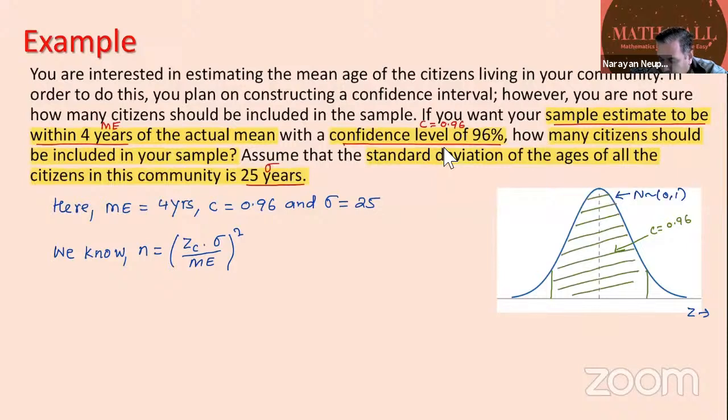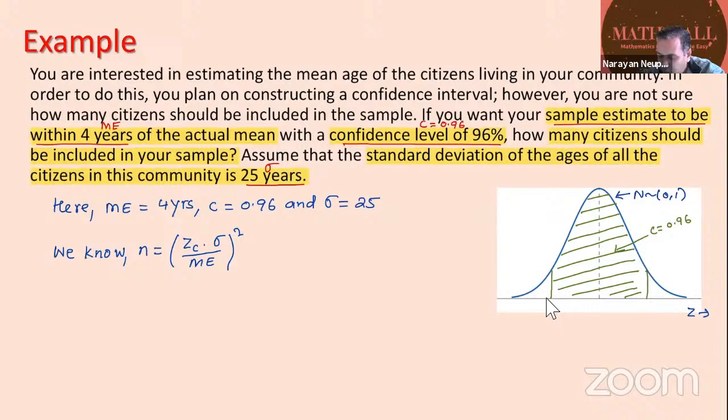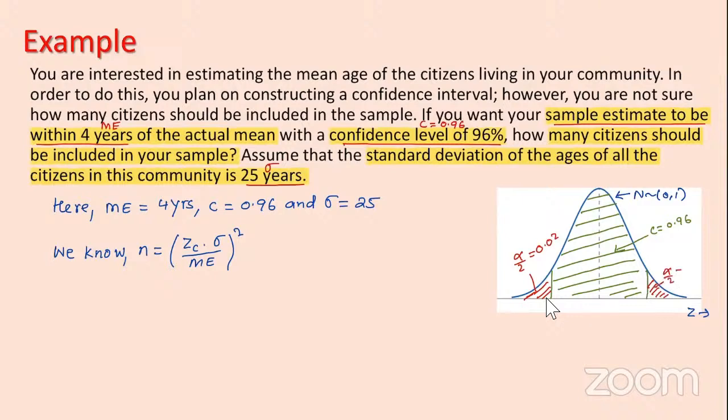If the area in the middle is 96%, what is the remaining area? 4%, and that is divided into two parts, so 2% on each tail. So alpha over 2 is 2%, or 0.02, and the same thing here: alpha over 2 is 0.02.